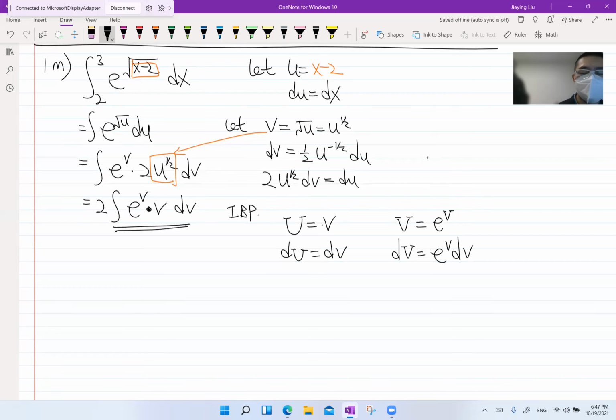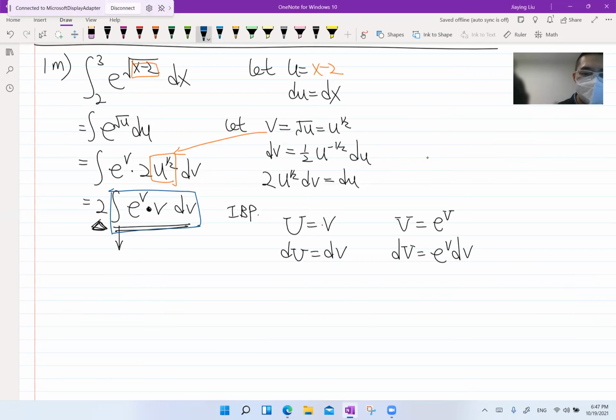Just focus on this part using integration by parts. I'm going to leave the 2 outside. Again, I always leave those outside until the step I need them. So now I just focus on this integral.